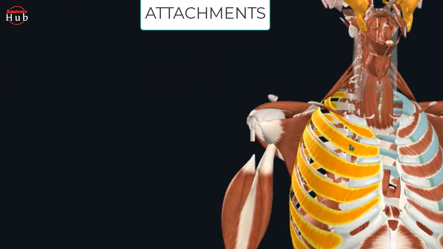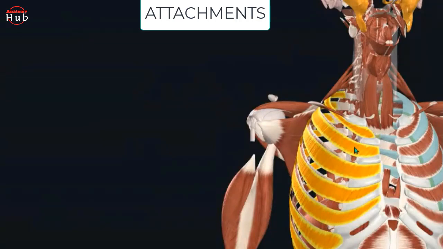The internal intercostal muscles take origin from the inferior border of the lower ribs, then they ascend upward and forward, attaching to the superior border of the ribs above. So these muscles are known as your internal intercostal muscles.